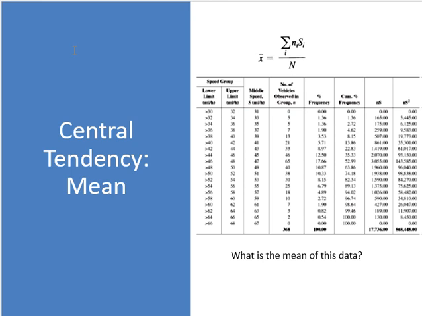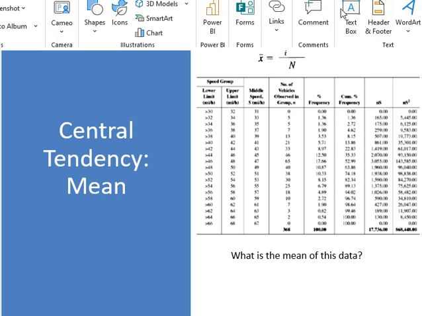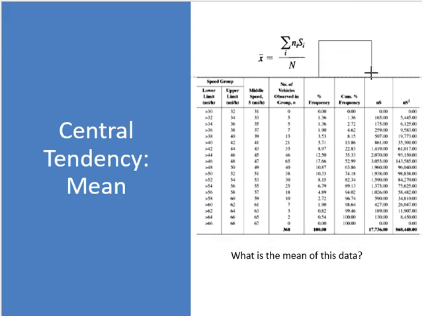Capital N is total number of values, which in this case is 368. So can you give me the mean here? So even the summation is given here, 17736.2.